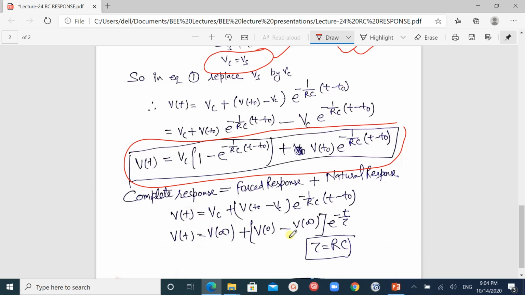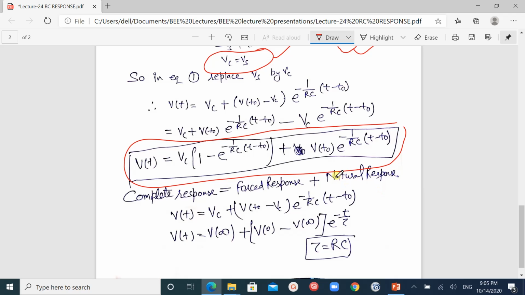Vt is equal to Vc bracket 1 minus e raised to power minus 1 upon RC (t minus t naught) plus Vt naught e raised to power minus 1 upon RC (t minus t naught). So the complete response of the circuit is the forced response plus the natural response.